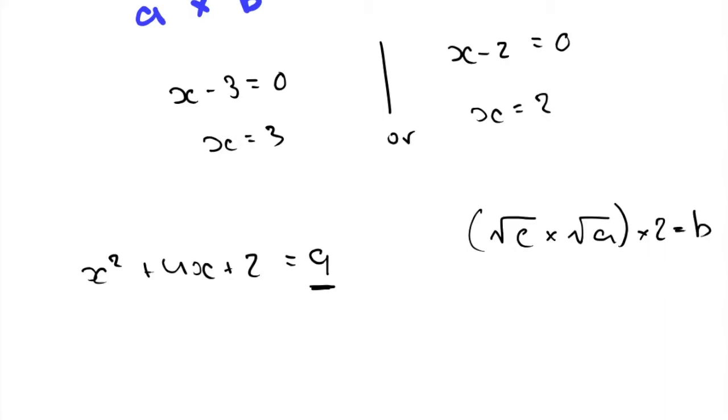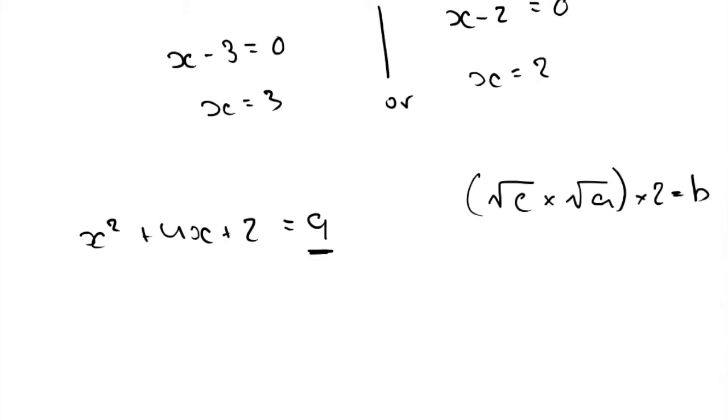So what you're going to do first is move all the constants, so any whole numbers without a variable beside them, to the right side of the equation. So you can write it as x squared plus 4x is equal to 9 minus 2, right? So this simplifies to x squared plus 4x is equal to 7, right?